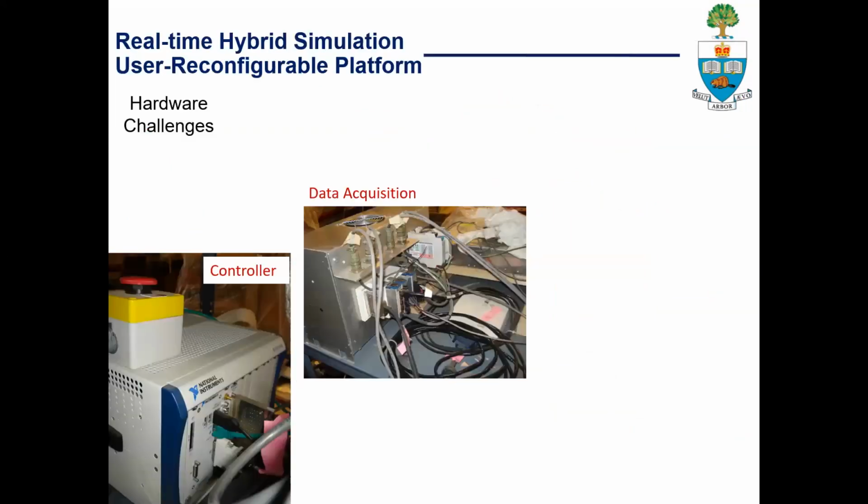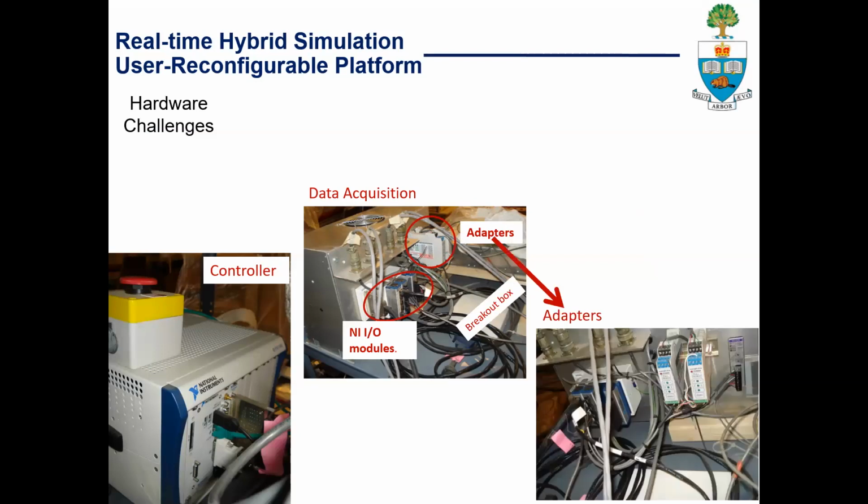We have also encountered some challenges when we first put this system together, because National Instrument products are not made to control servo hydraulic actuators. So we kind of needed to customize our data acquisition systems with adapters. To name a few, we needed to introduce AC-DC converters or voltage to current converters.